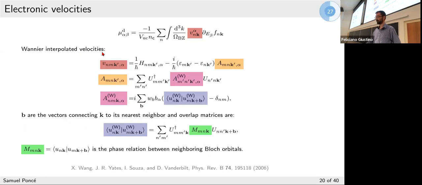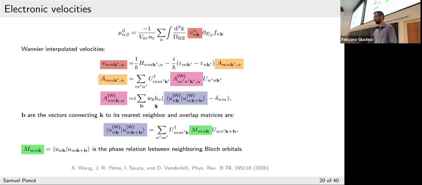The alternative way is to use a Wannier function expression of the velocity. And so this top expression from this paper, you can express the velocity in terms of the Hamiltonian and this Berry connection. And this Berry connection can be rotated into this Wannier space using those smooth Bloch Wannier rotations.